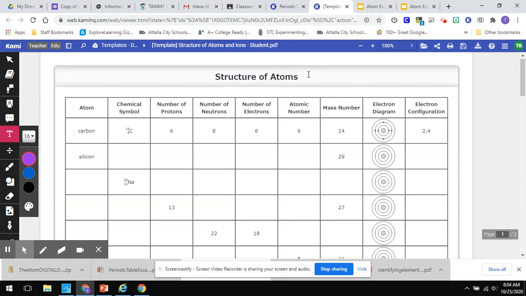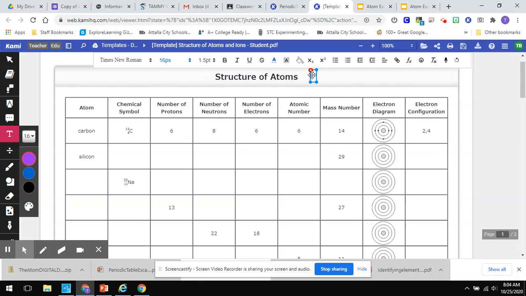So for this top part up here, one of the things about this is talking about an atom. So your protons and electrons will be equal to each other, because this isn't talking about an ion yet.